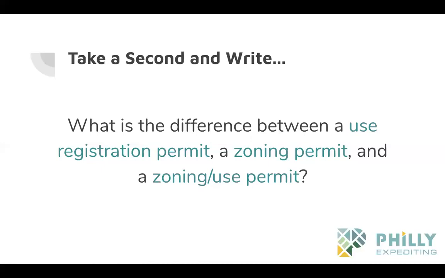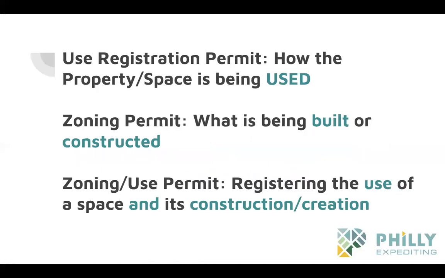Nice. And then the zoning use, are you saying that is one permit? Yeah, it is. Okay, explain. Okay. So you guys are right. A use registration permit only affects how the space is being used, like the activity going on within the space. Then a zoning permit is classified, and this is how I've classified it because it makes sense.